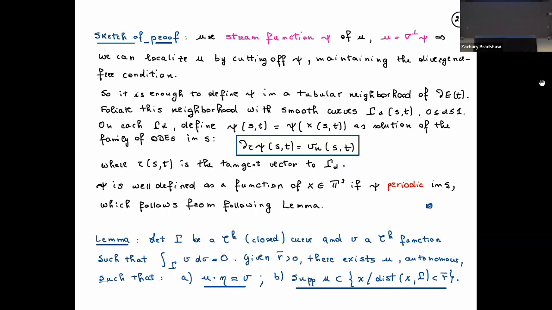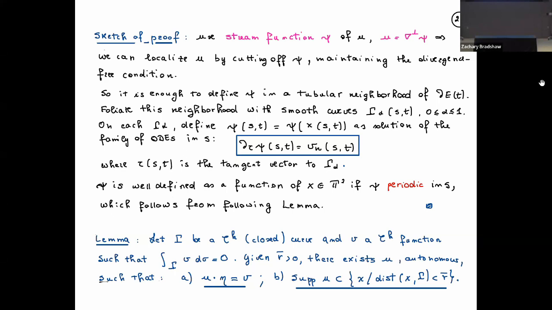And on each gamma alpha, I will define a stream function. For simplicity, I will write it directly as a function of S and T, but of course it's psi of gamma of S, of T. And I define it as the solution of the following family of ODEs in S. The tangential derivative of psi is exactly equal to the normal derivative of the curve.